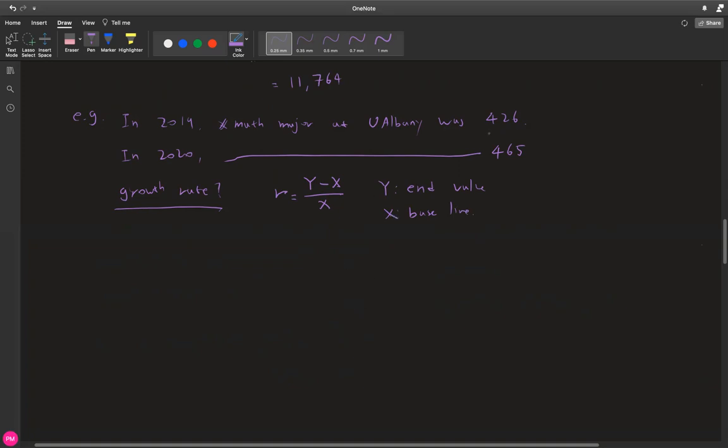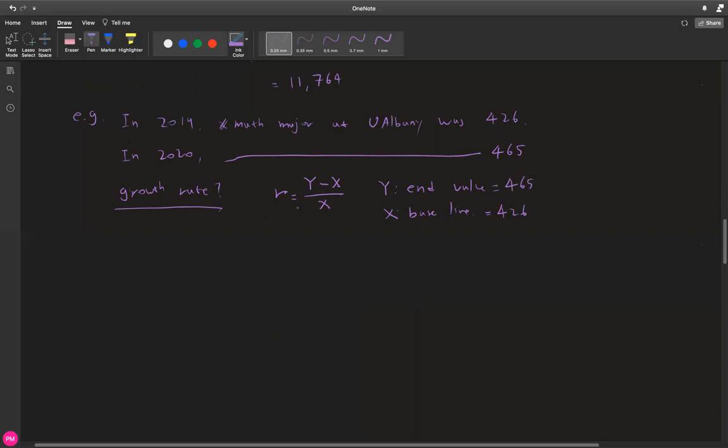Here we are trying to find the growth rate from 2019 to 2020. So in this case, the baseline x is 426, and the end value will be 465.